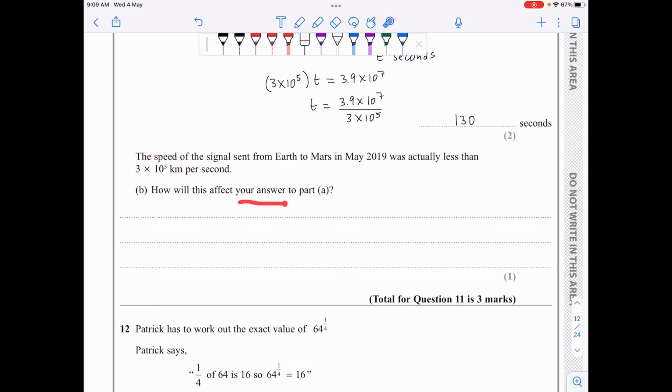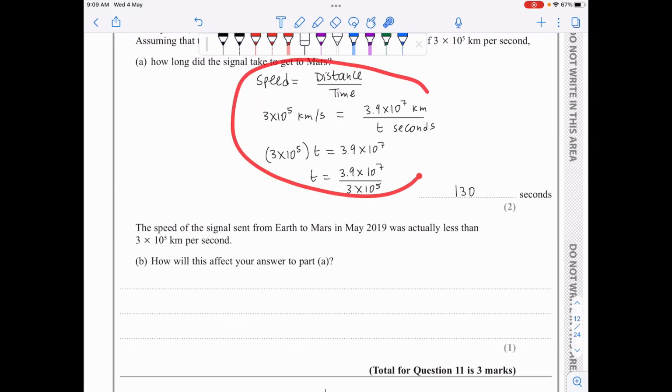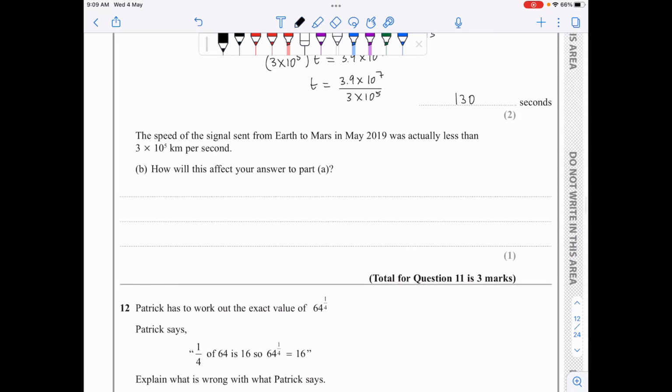How will this affect your answer to part A? If the signal was actually slower than what we anticipated in our calculations, it will obviously take more time to reach Mars. So since the speed is less, the signal will take more time than 130 seconds.